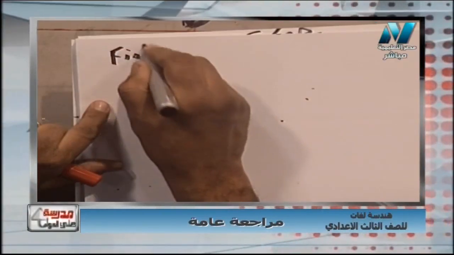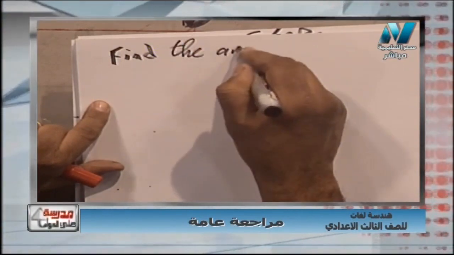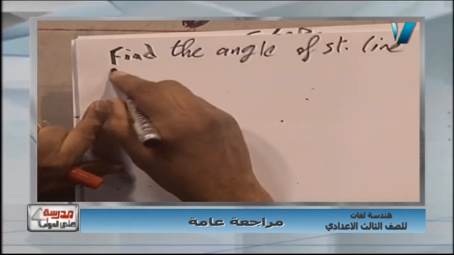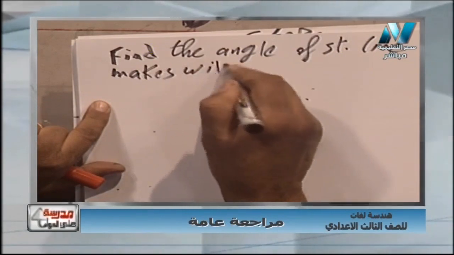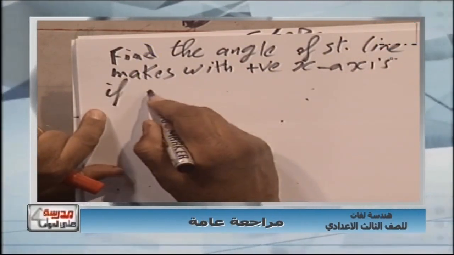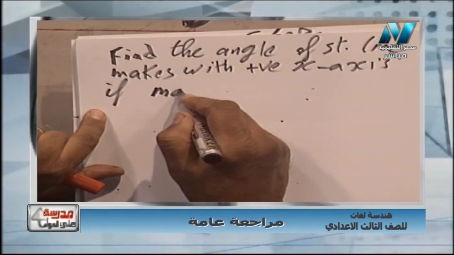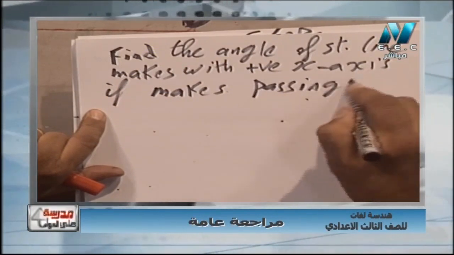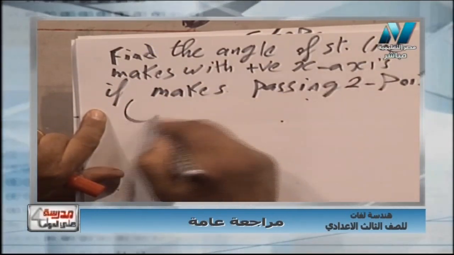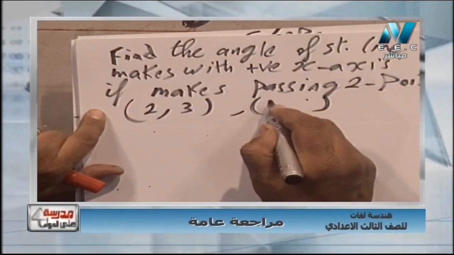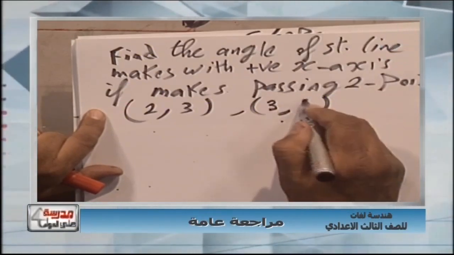Now, find the angle of the straight line that makes with the positive x-axis, if a line passes through 2 points, (2, 3) and (3, 2).